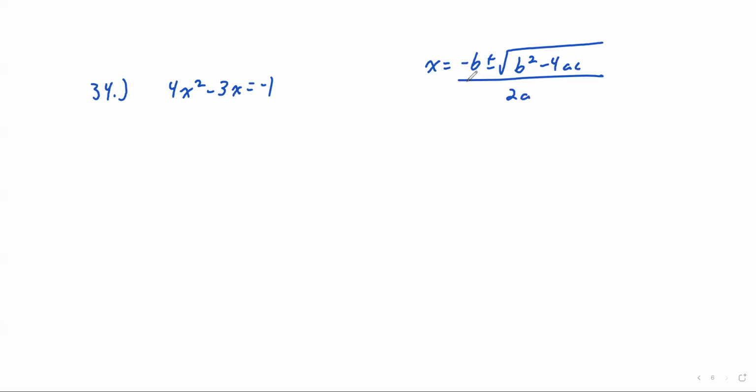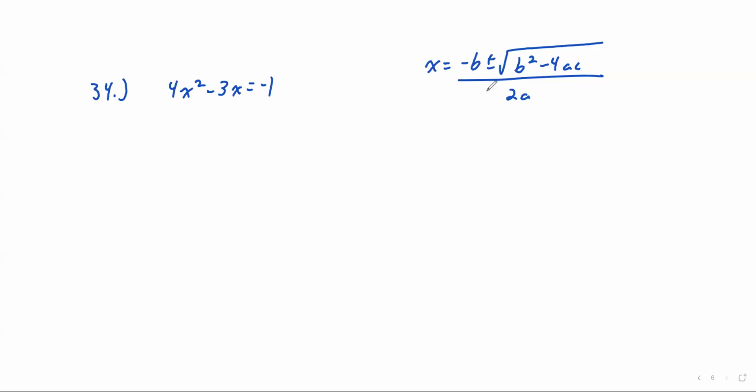Very important here to divide everything by 2a, including that negative. That means it gets dropped. So try not to do that.